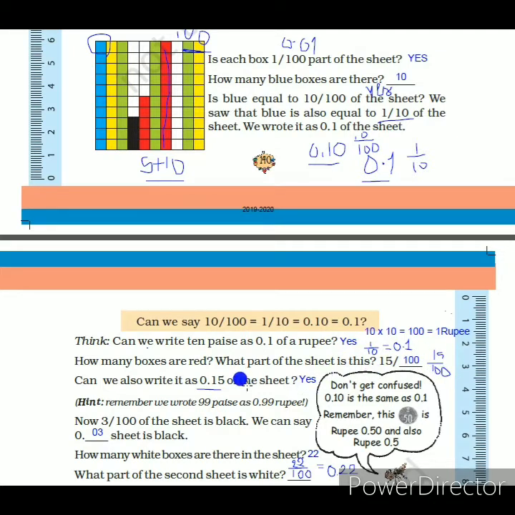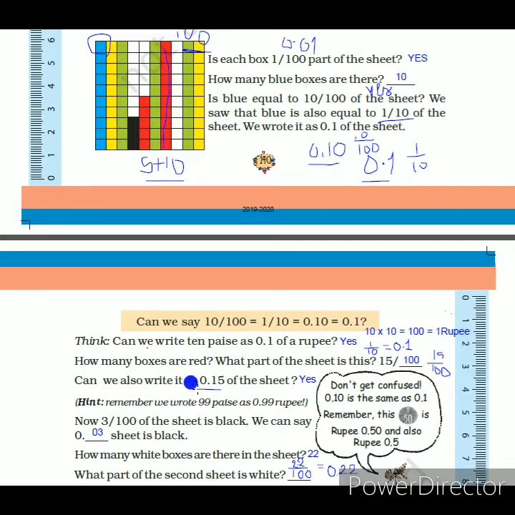When we write this in fraction form, we can write it as 15 upon 100 or 15 by 100. When we write this fraction in decimal form, we can write it as 0.15. That means after the decimal point, two numbers should be there. That is 0.15 out of 100. Out of 100, 15 boxes were there.